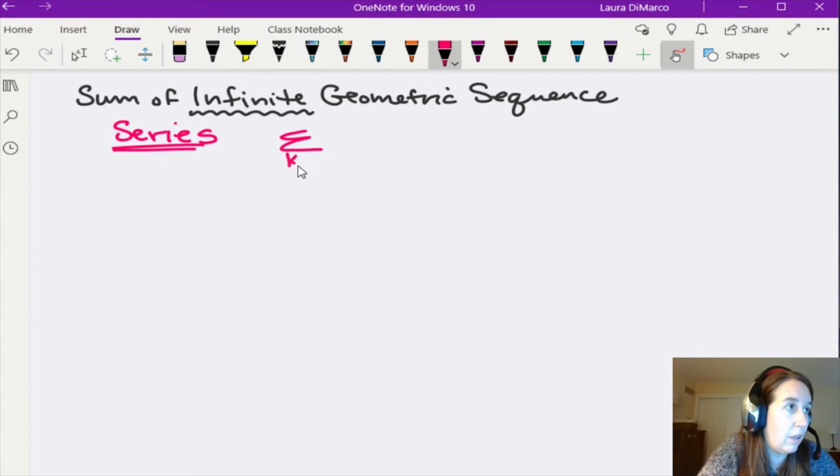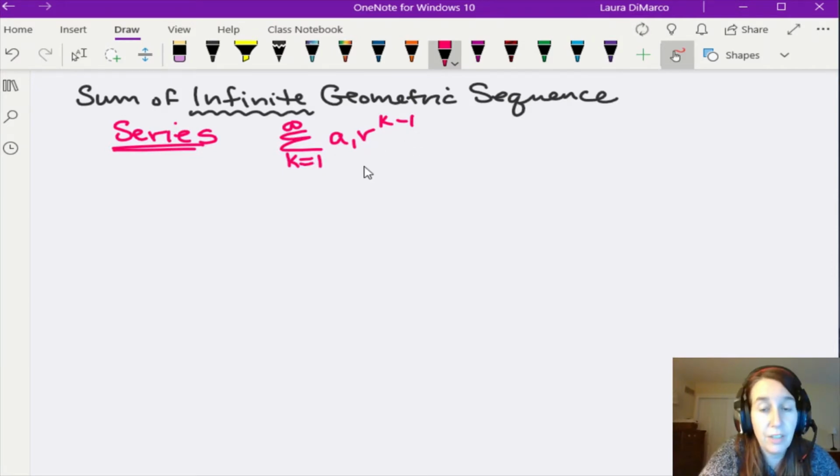Sum of k equals 1 to infinity, right? There is no final n, of a sub 1 times r to the k minus 1 power. So in other words, it's geometric. We're going to be summing it from 1 to infinity.